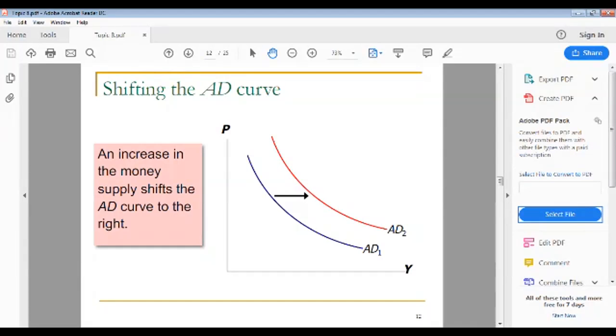My demand for real money balances is a function of the overall price level, because that's part of the term, M over P. That's what real money balances are, M over P. If the price level goes up, then my real money balance goes down, because I don't have that much purchasing power. But what this is saying is that the whole curve shifts if I just print more cash, because now more cash is available, basically.